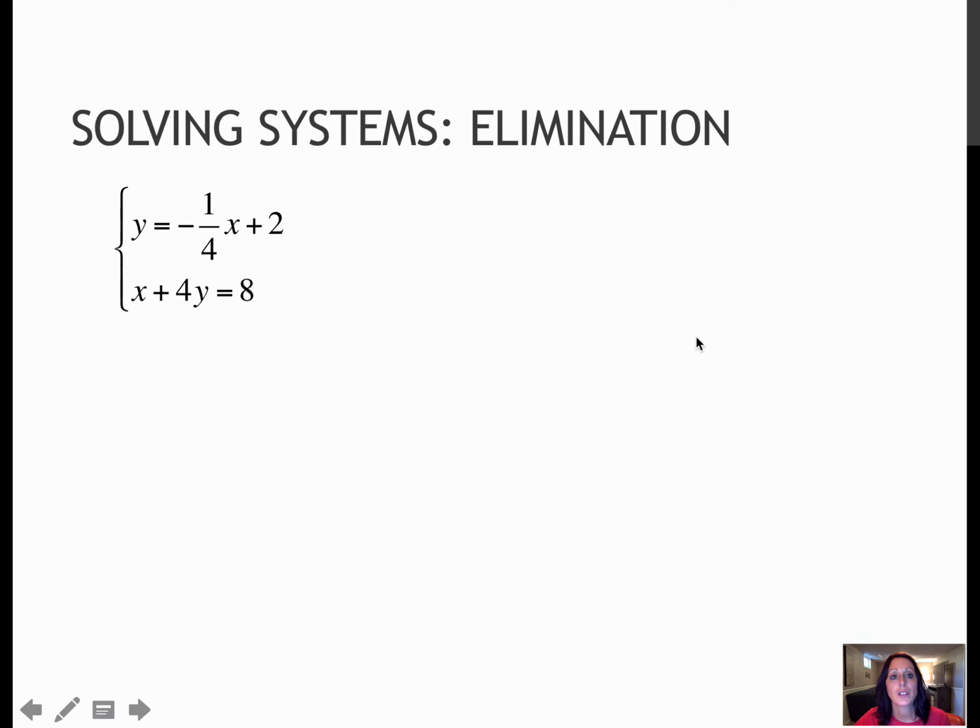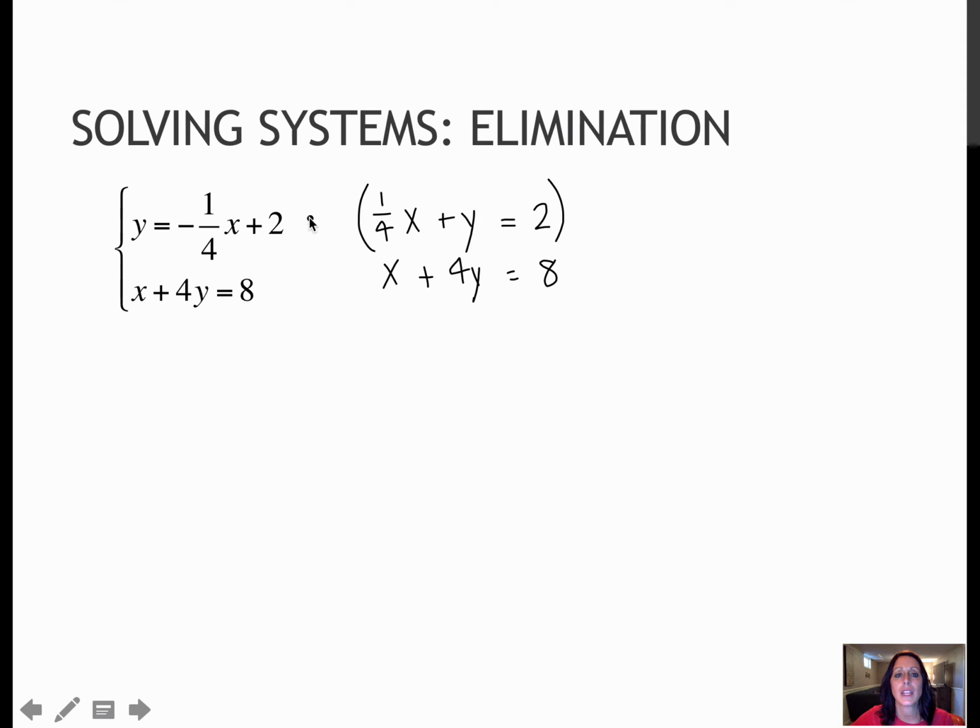And of course, our last one, using elimination, again, I'm going to add that 1/4 x to the opposite side. Notice I'm going to write it in standard form. My second equation is x plus 4y equals 8. Now what I want to do is make either the value in front of the x or the value in front of the y the same number, opposite sign. This time I'll choose the y.